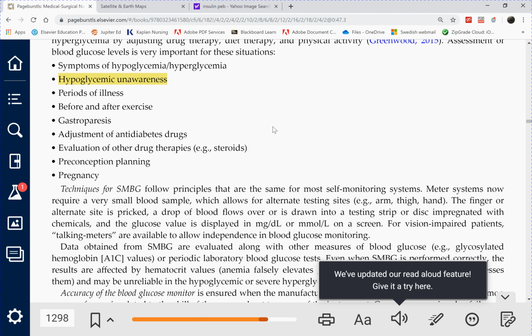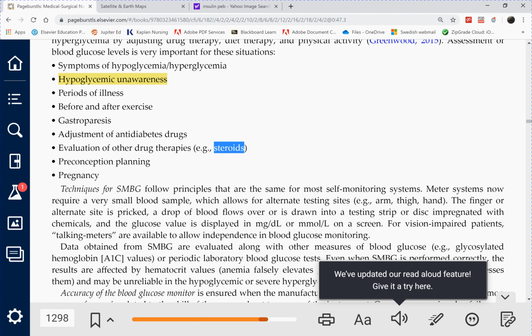We also discuss how to manage blood glucose before and after exercise, gastroparesis as a complication of diabetes, and adjustment of drugs, and what to do when the patient is receiving other therapies like exogenous steroids, for instance as treatment for an exacerbation of some autoimmune disorder.